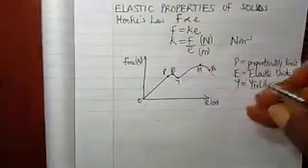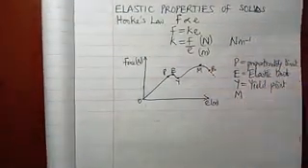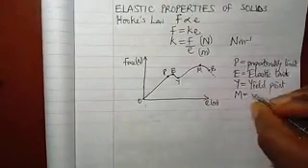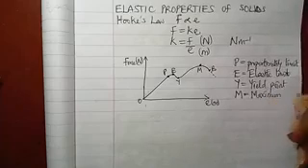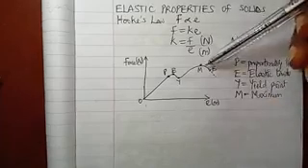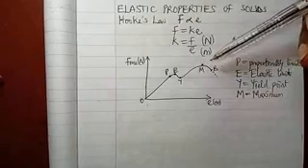I hope you understand. Okay, so the next point on this graph is M. That is maximum load. Point of maximum load. That is the maximum force that an elastic material can bear.